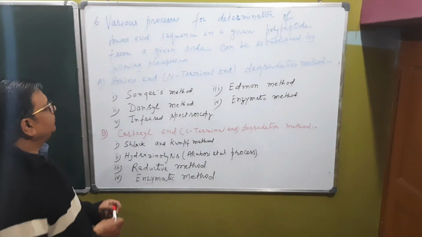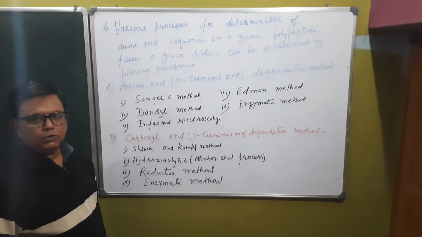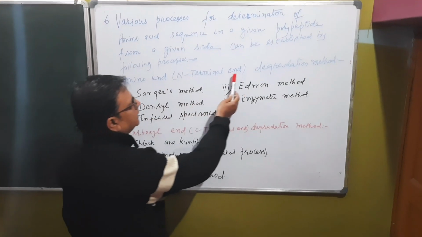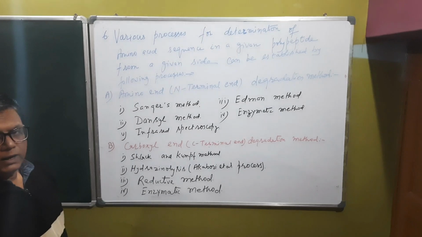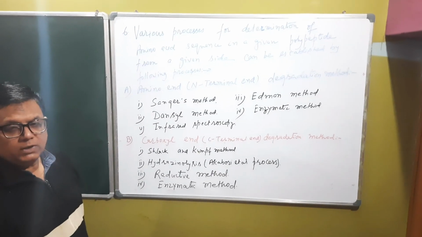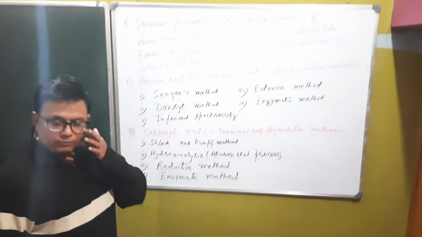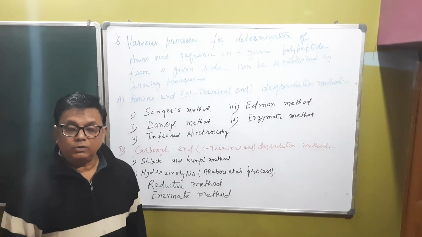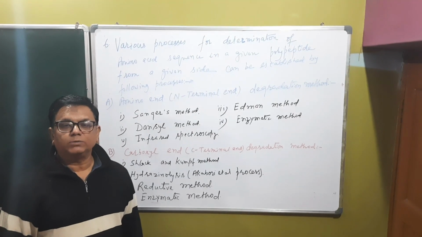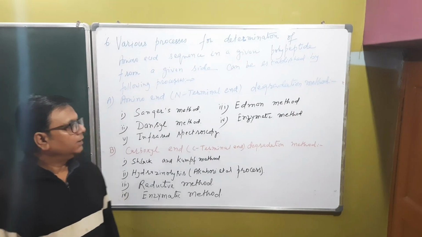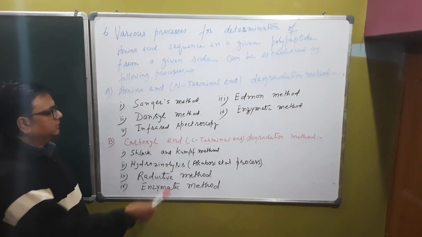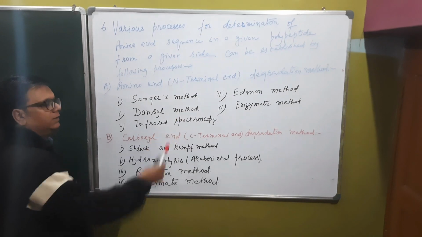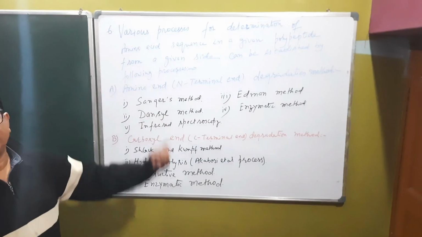The first process is the amino end, N-terminal end degradation method. There are many methods by which the sequence of amino acids in a polypeptide from the N-terminal end is determined. The important ones are Sanger's method and Dansyl method. Dansyl method is a modification of Sanger method.